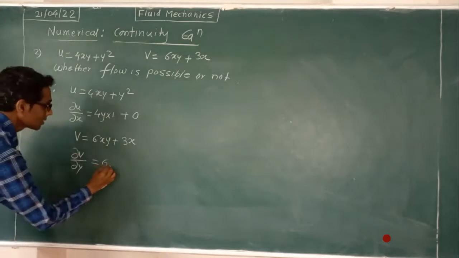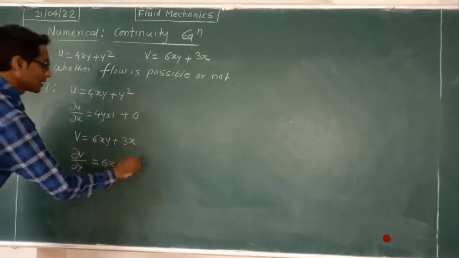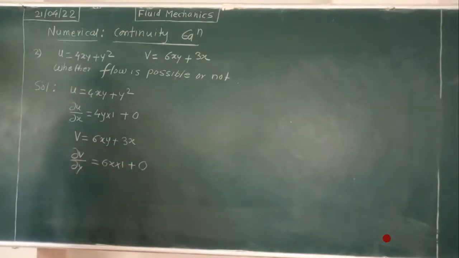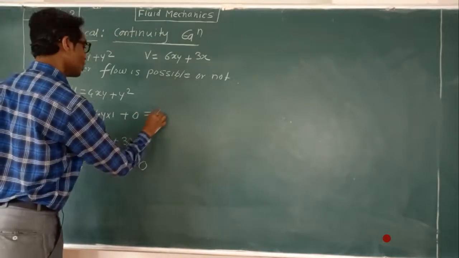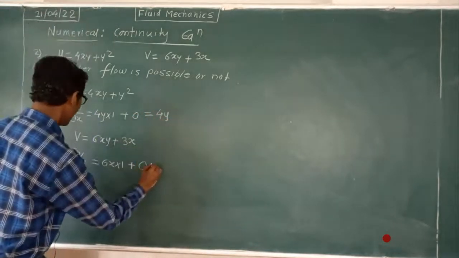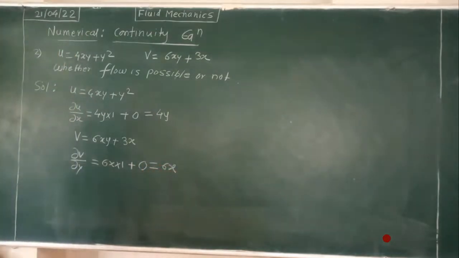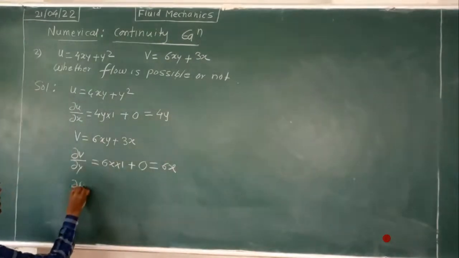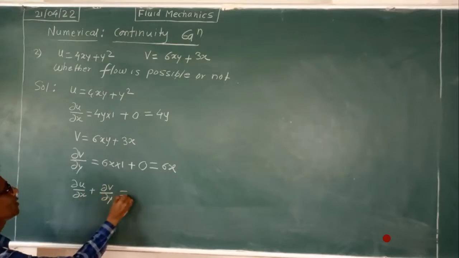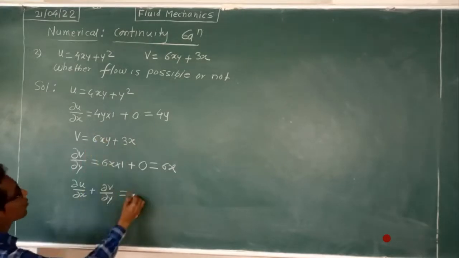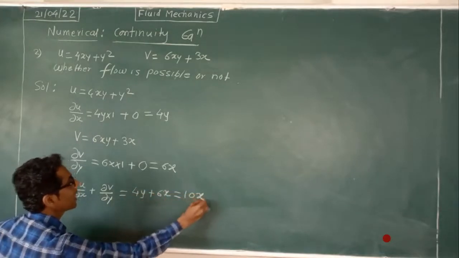In this case 6x is a constant, derivative of y is 1, plus 3x constant, that is why derivative is 0. So here ∂u/∂x is 4y and ∂v/∂y is 6x. Okay, as per the theory, ∂u/∂x plus ∂v/∂y is equal to 4y plus 6x.